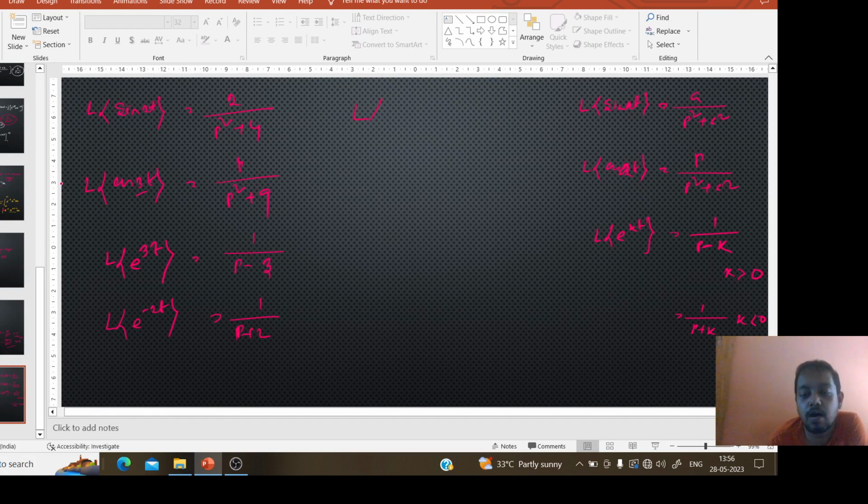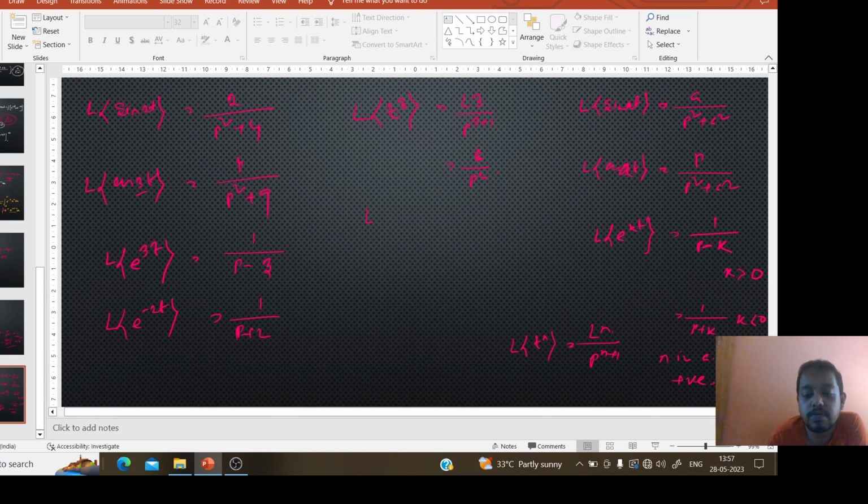And now L of t cube. Here we know that L of t to the power n is equal to factorial n by p to the power n plus 1 when n is any positive integer. So here the value of n is 3, so it will be factorial 3 by p to the power 3 plus 1, that is 6 by p to the power 4.